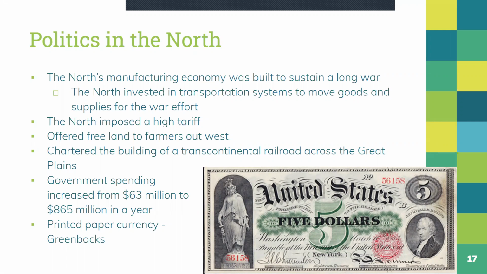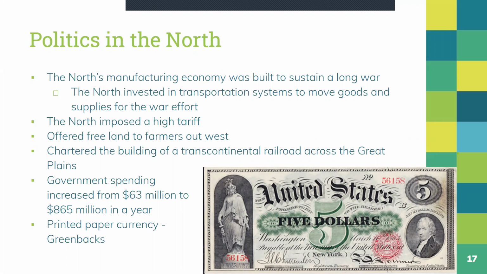They started building a transcontinental railroad that would go across the Great Plains and connect the Atlantic to the Pacific Ocean. And the government is spending a lot of money. In the beginning of the war, they spent about $63 million a year. By the end of the war, they were spending $865 million in a year. And that's really expensive.